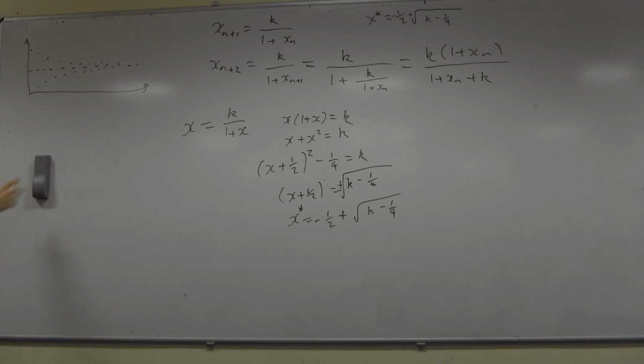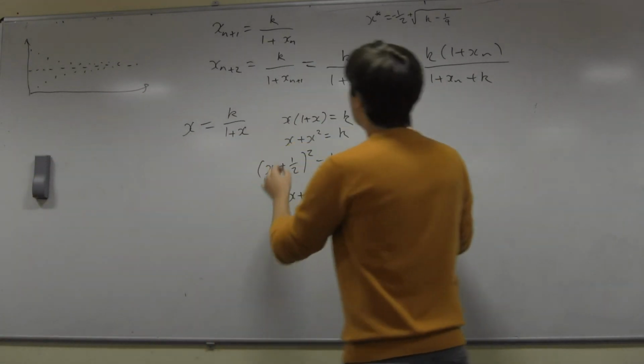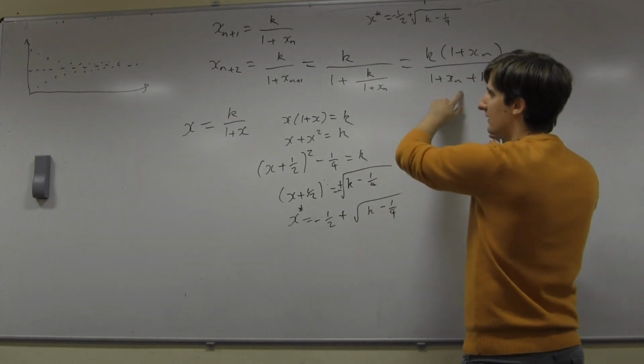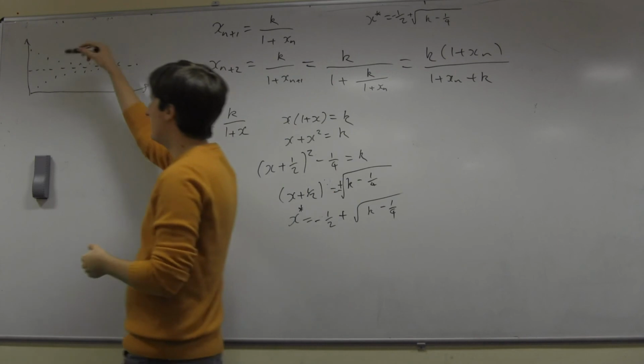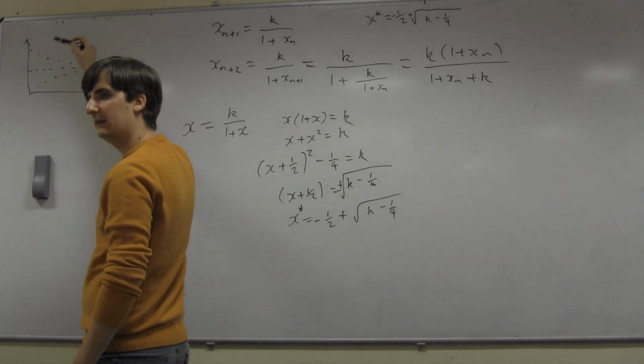Because we're going to want to prove an inequality about xn plus 2 in relation to xn. But we know that the behaviour is going to be different if it's above the limit or below the limit.